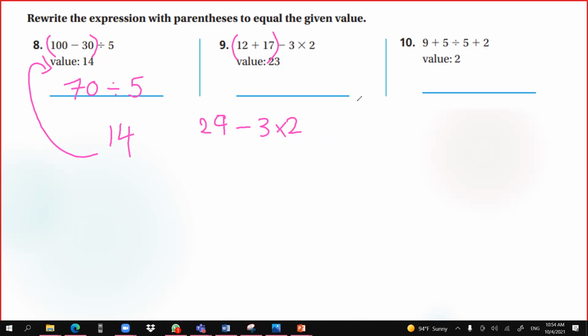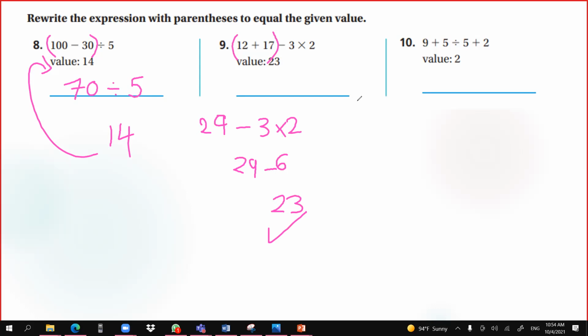Multiplication. 3 times 2, 6. Then 29 minus 6 is 23. Did I get the same value? Yes. So here you put the parentheses. Is it clear?